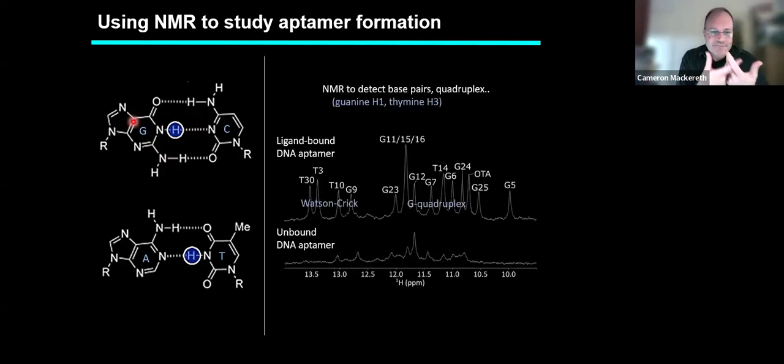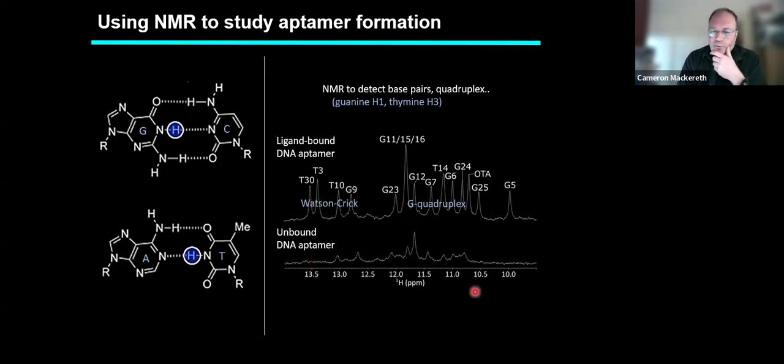And in a more practical sense, what this means is that, for example, we often look at DNA aptamers that, because of the selection process, are primarily unfolded in the absence of ligand. And when you add a ligand, you see the appearance of all of these specific peaks, we call them, so these NMR signals.